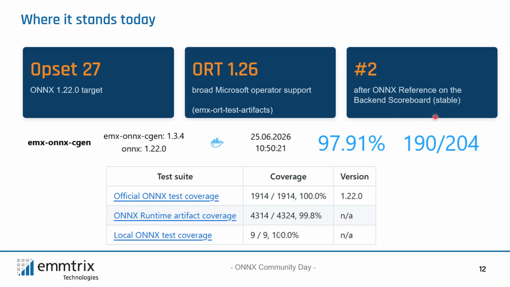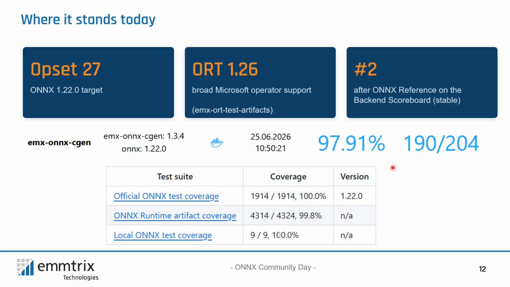And there we are in second position from the supported test cases point of view, right behind the ONNX reference. And so you can see here the numbers. We achieve 98%.